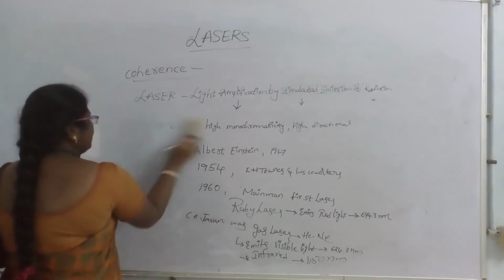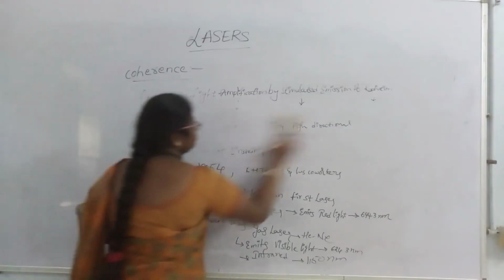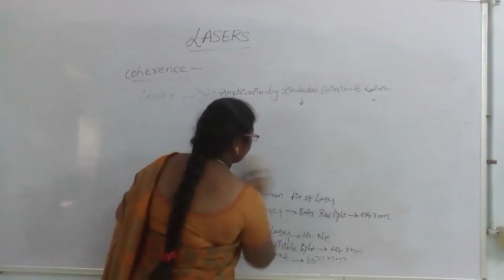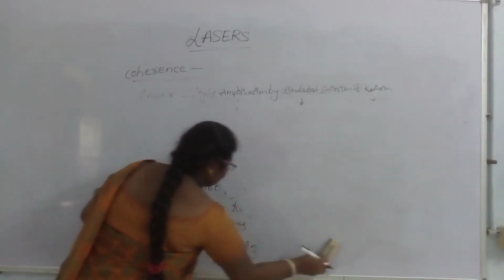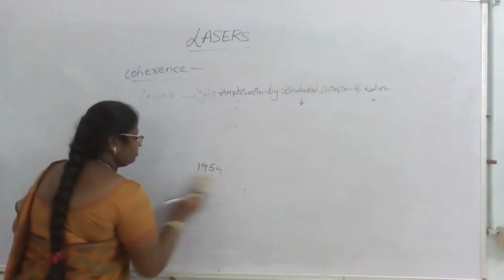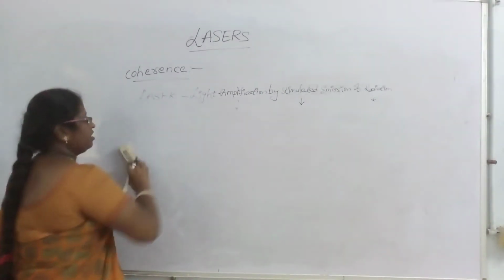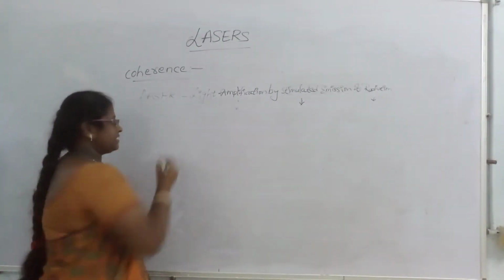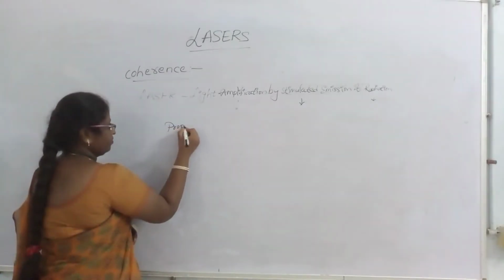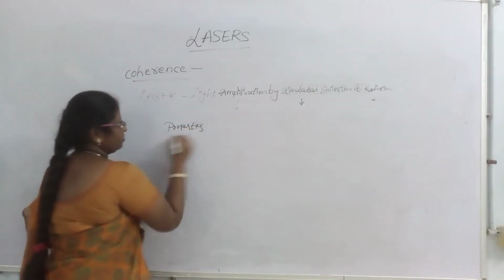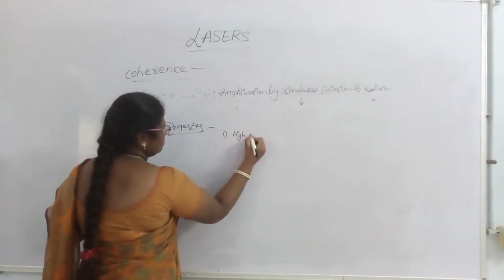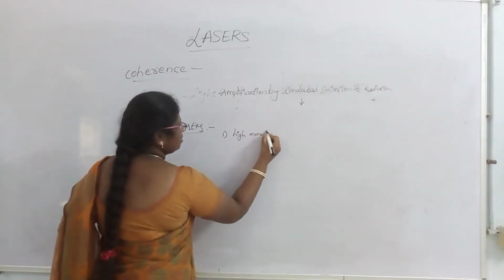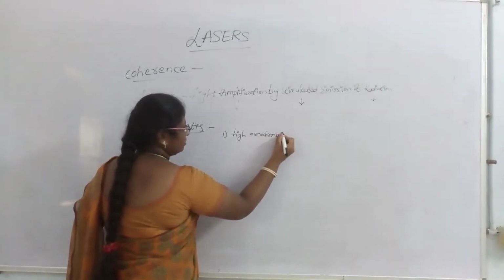Next, properties of lasers. There are four properties of lasers. First one is high monochromaticity.